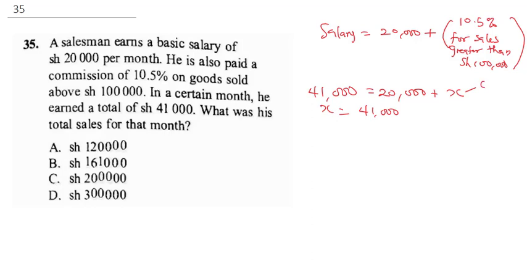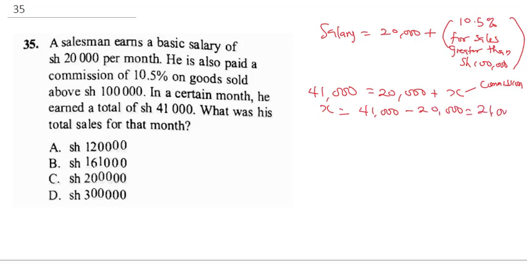And remember, X is the commission. You need to know that. That means he earned a commission of 21,000 shillings. Now, having known that he earned 21,000, what was his total sales for that month?